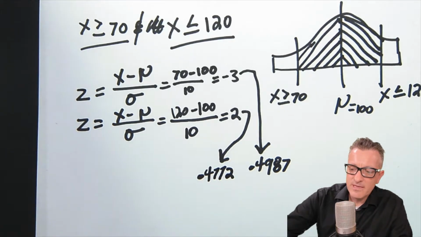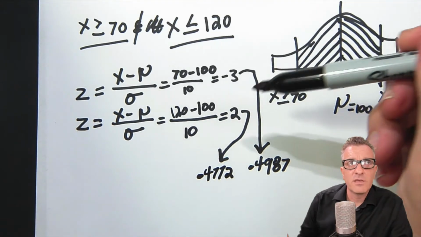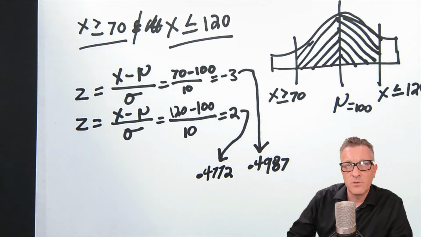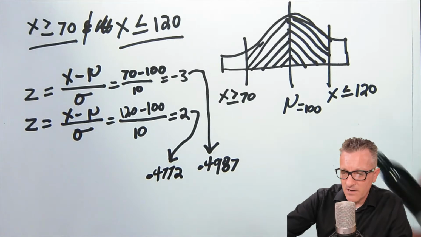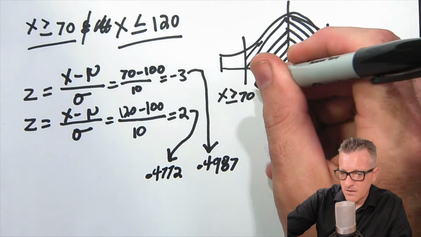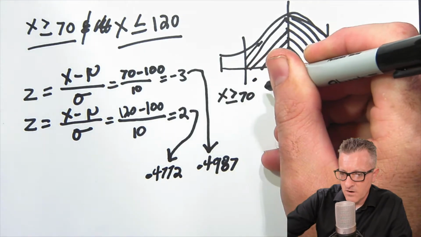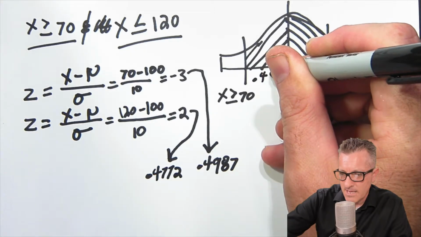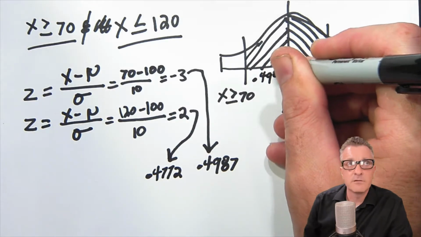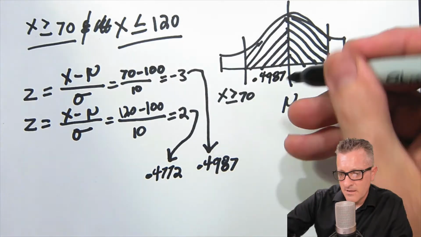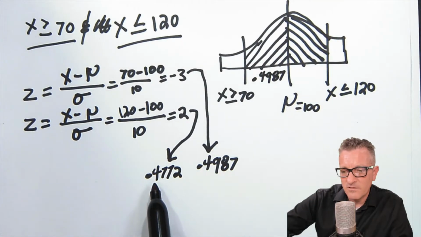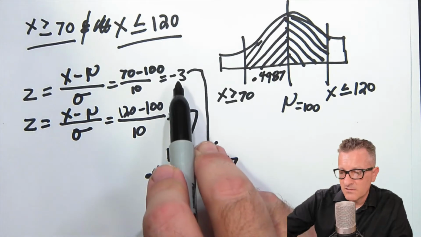So this -3 is our low end. I'm going to move this over. So this is our part right here, 0.4987. Then our high end is right here, 0.4772. The negative one and the positive one.